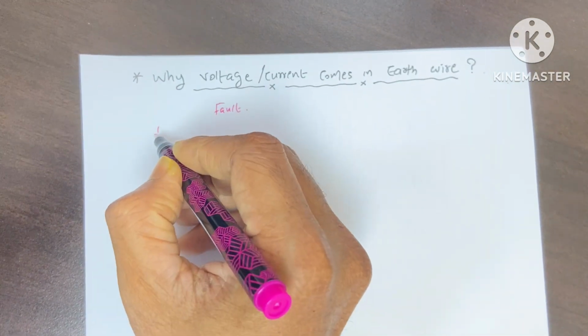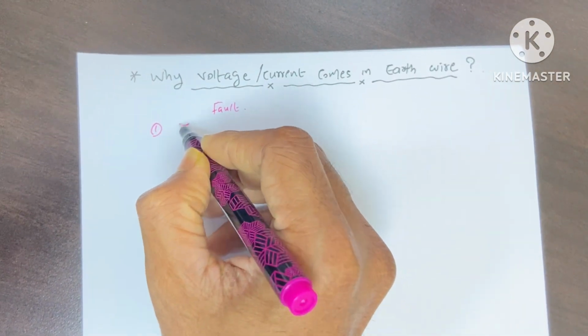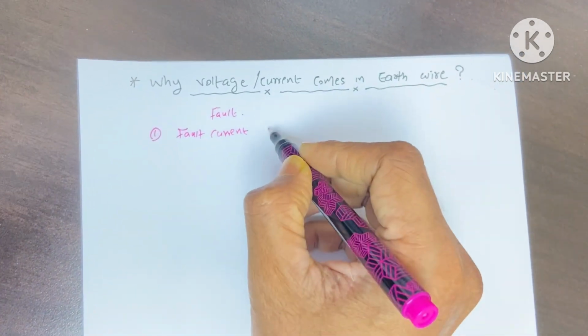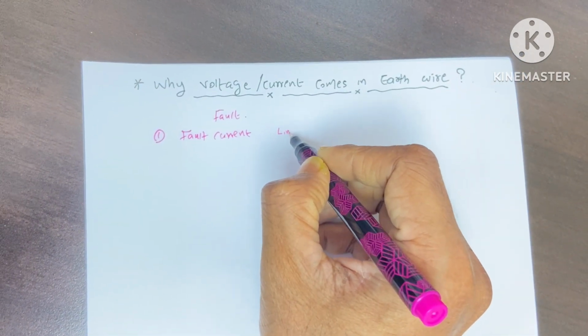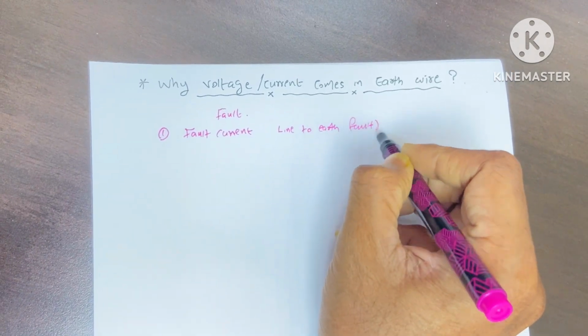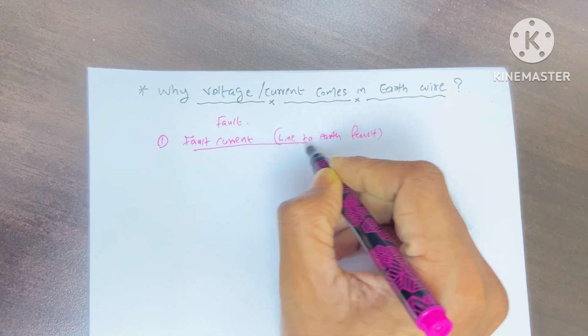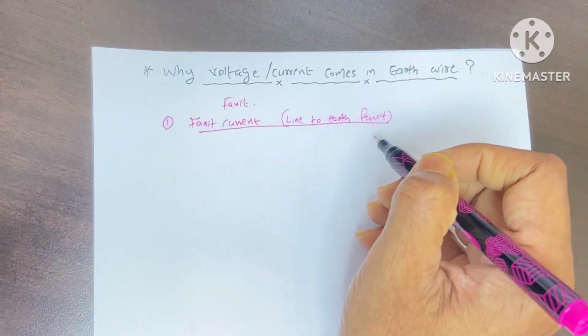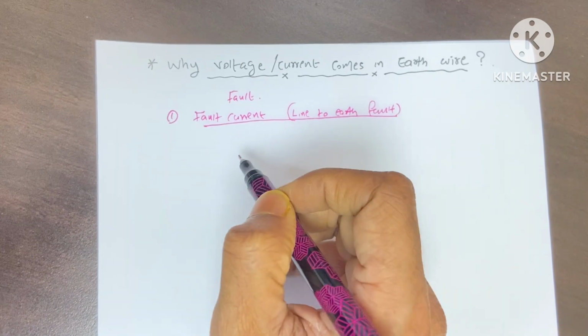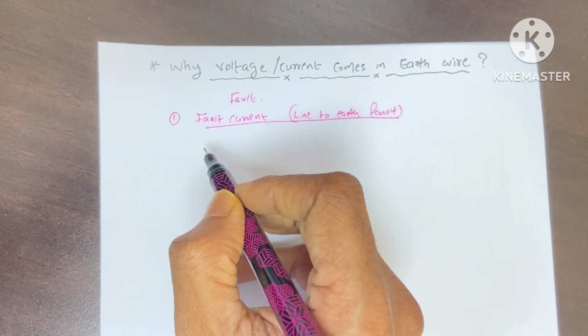The first one may be the fault current, or we could say line to earth fault. Due to this reason, sometimes you could see current on your earth wire. The normal reason for this is during the fault.